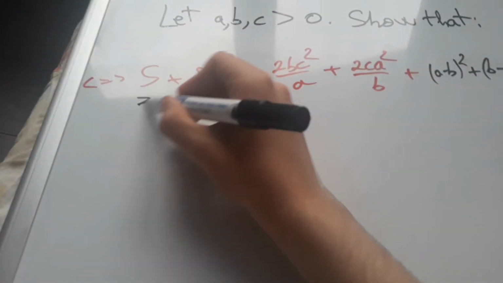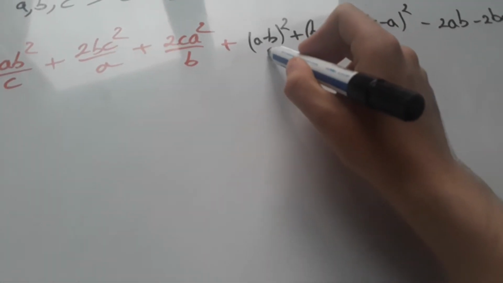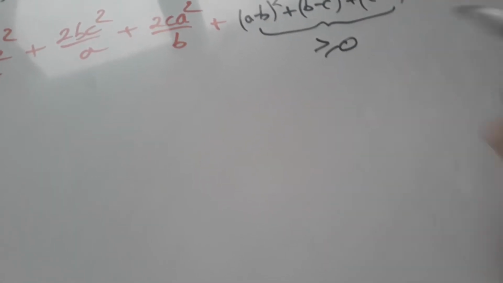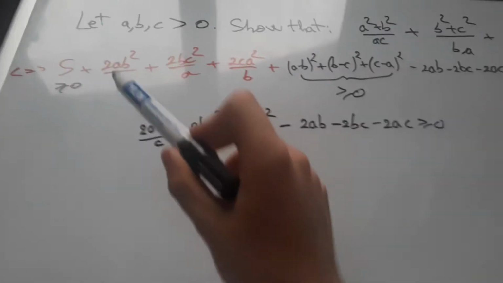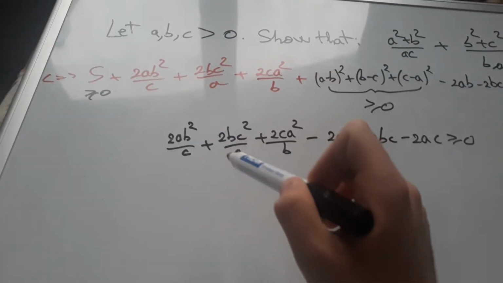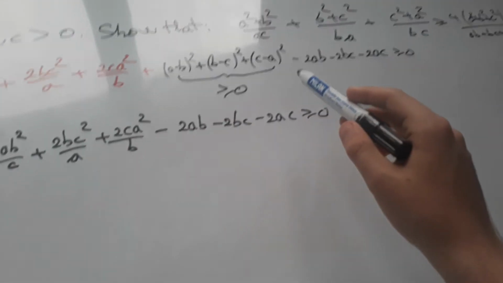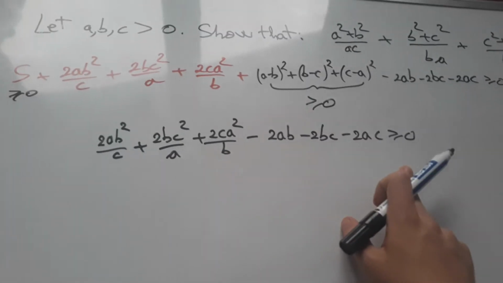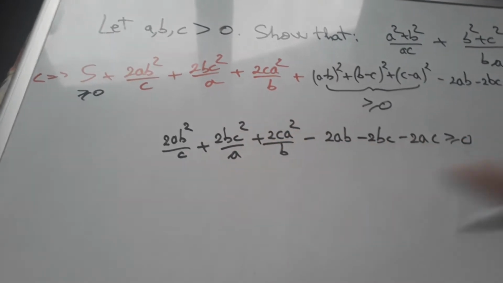Because the sum that we noted is greater than or equal to 0, and this sum of three squares is also greater than or equal to 0, we have to show that also this sum 2ab² over c plus 2bc² over a plus 2ca² over b and then minus 2ab minus 2bc minus 2ac will be greater than or equal to 0. We have to prove this one because these two terms are already greater than 0.